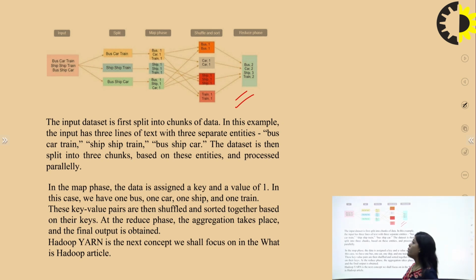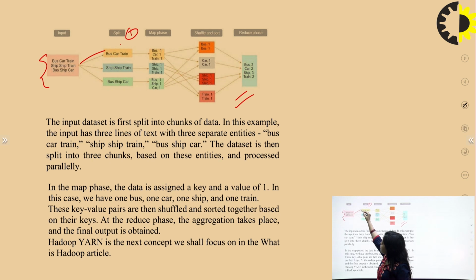In this example, we have an input of three lines of data. First is bus car train, second is ship train ship, and third is train bus ship car. At the first step, we split that data into three parts: first data, second data and third data.